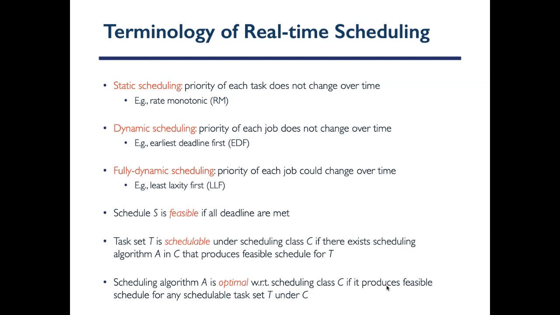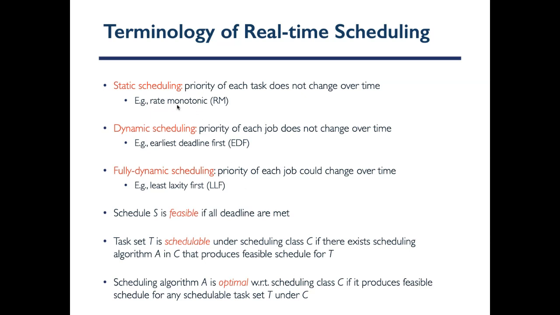If that's the case, then I'm optimal, which is the case with rate monotonic. In rate monotonic, we say if there is any other static scheduler that can produce a feasible schedule for any task set, then rate monotonic can also do it. And with earliest deadline first, we say if any.